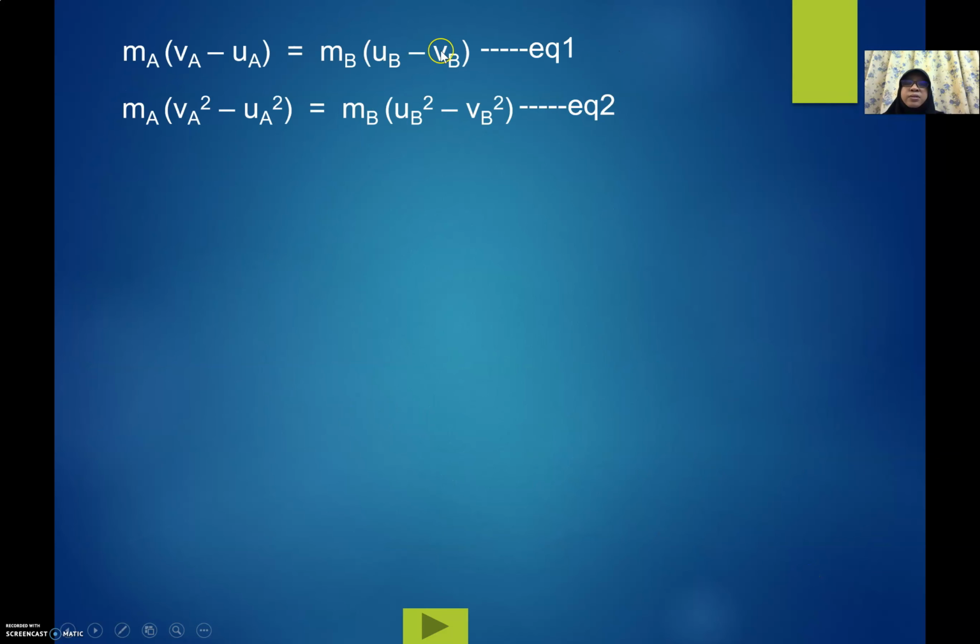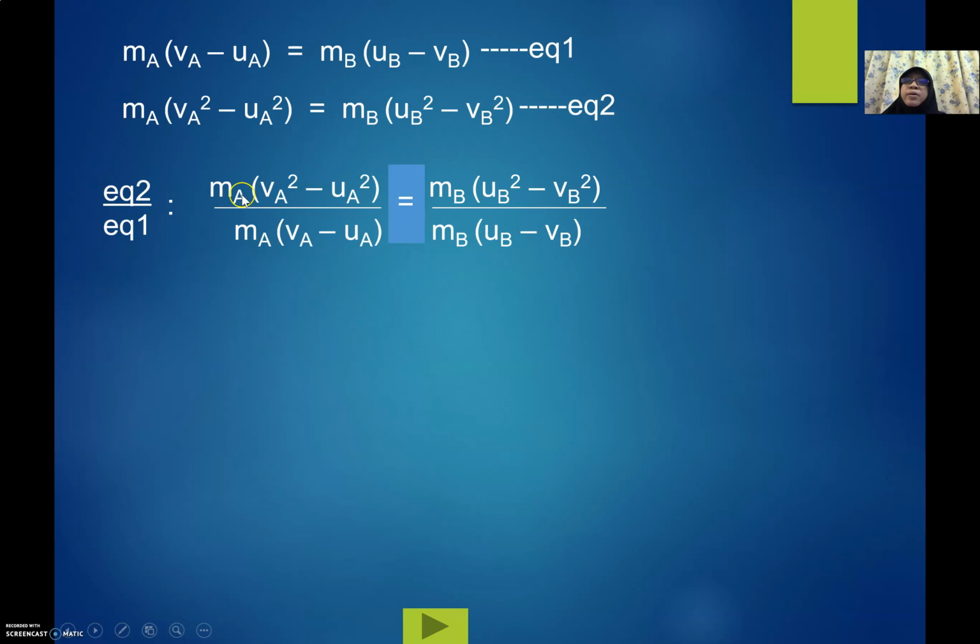Okay, from equation 1 and equation 2, we are going to divide them. Equation 2 divided by equation 1. We can cancel MA and MB.